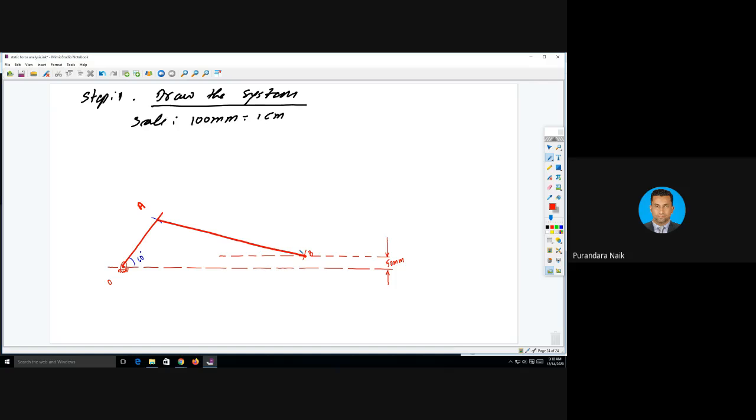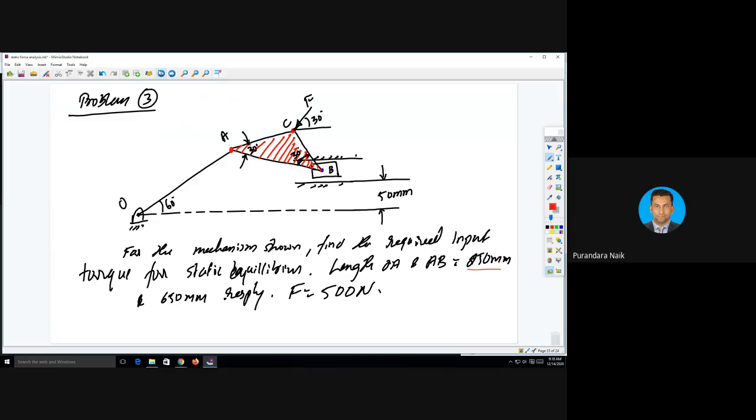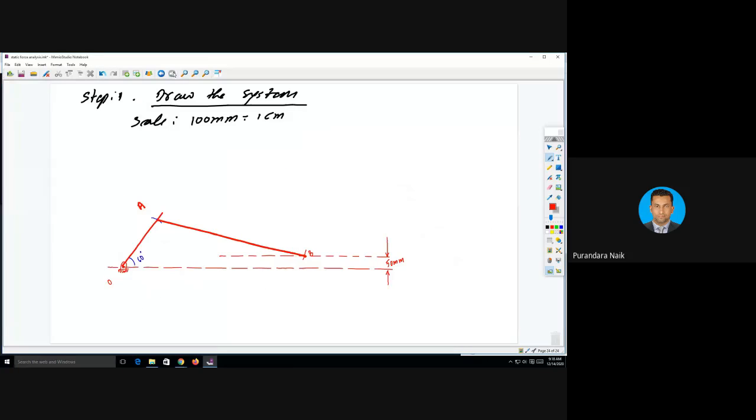Now on AB, we have a 30-degree line on both sides. So take a 30-degree line, because it's an equilateral triangle, right? Here 30-degree, and here also 30-degree.